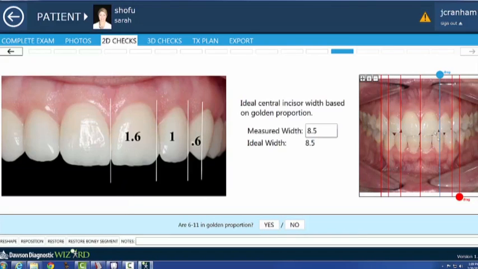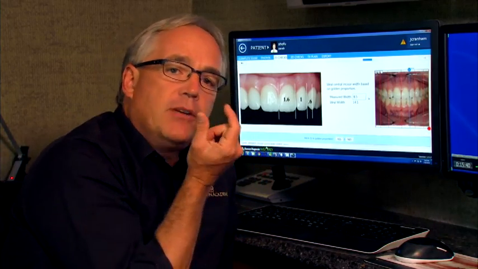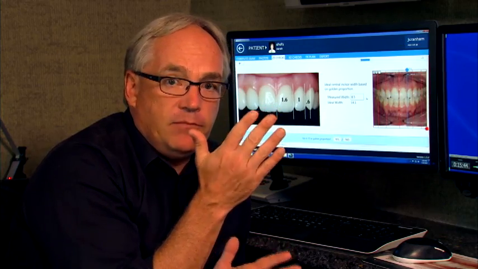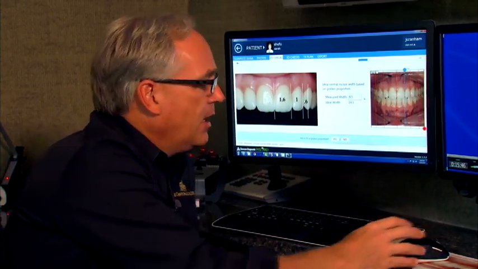And I'm going to take this outer blue line and put it on the distal aspect of tooth number 9 here. What this is doing, from the red line to the blue line, is telling the computer that from here to here is 8.5 millimeters. And it now will measure the pixels between those two, the red line and the blue line, so that we can actually measure in the software now.